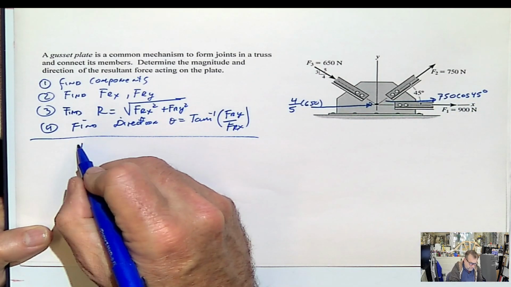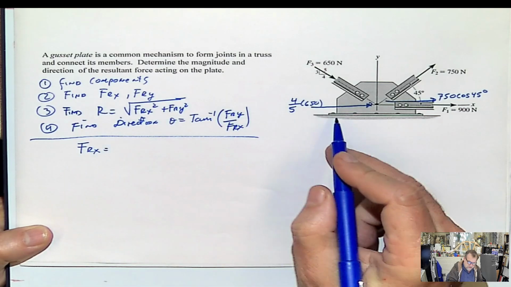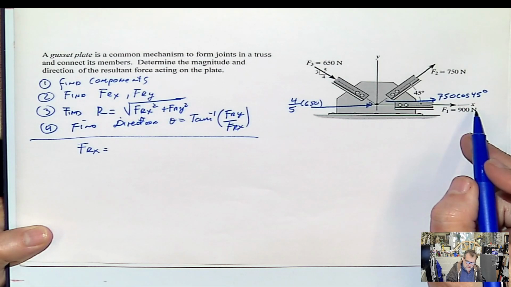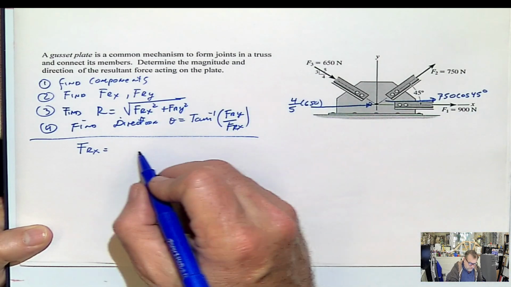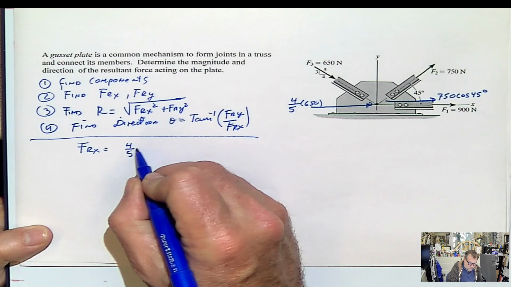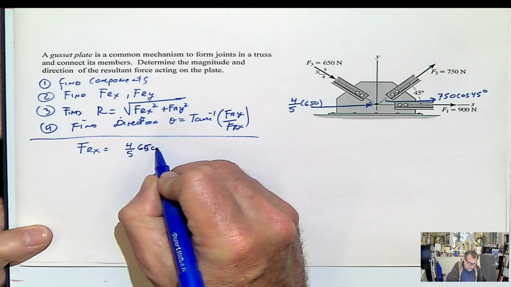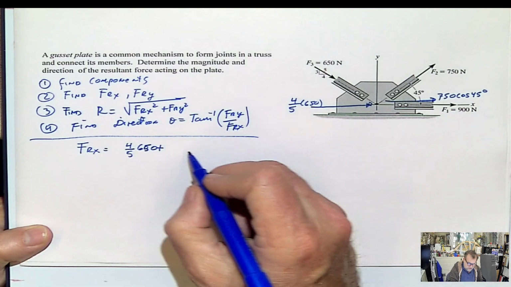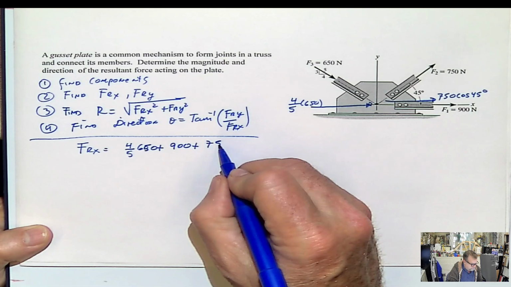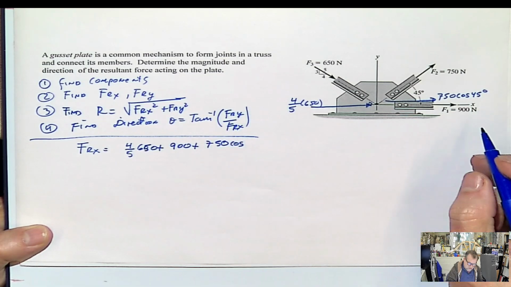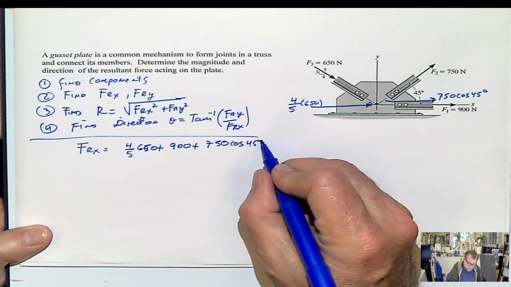So find the resultant in X. All of them go to the right. So it's going to be 4/5 of 650 plus 900 plus 750 cosine of 45 degrees.